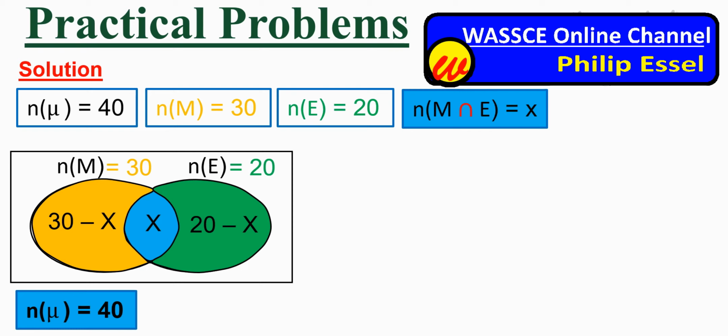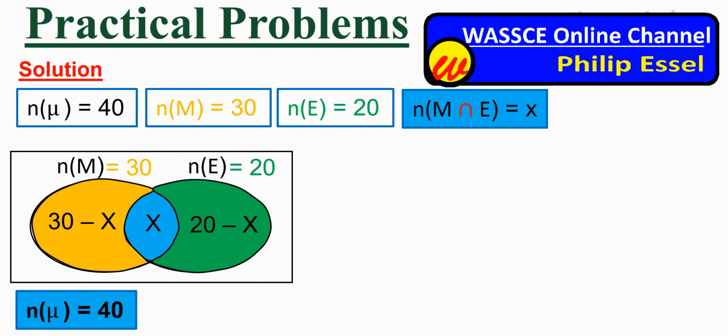Okay, so let's look at the second part of the problem. In the second part, we are asked to find the number of students who read both maths and English. And we represented this information by X. What this means is that if we are able to find the value of X, then X would represent the number of students who read mathematics and English at the same time.